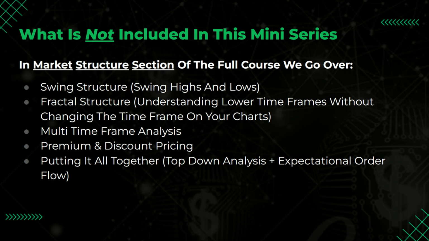We also talk about premium and discount pricing, or go more in depth on what an actual range means. You'll probably hear me mention the word range a lot, but we talk about it in depth in the full course. And then we also obviously talk about putting it all together, top-down analysis, expectational order flow, and all of the rest of the pieces of this gigantic puzzle.